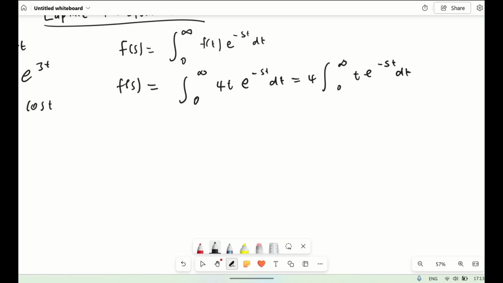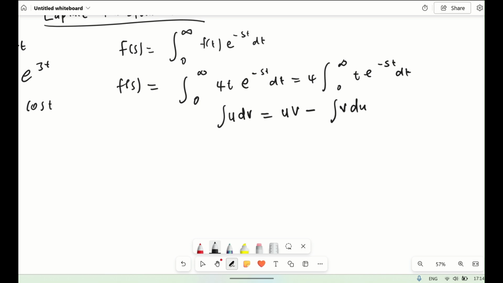And right now we're going to use integration by parts. Integration by parts states that if we integrate u dv, it is equal to uv minus the integral of v du.